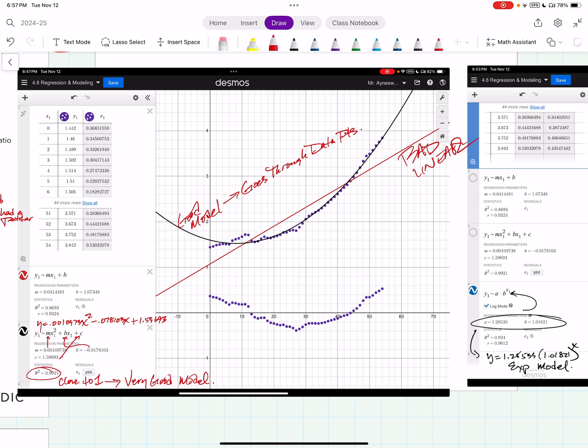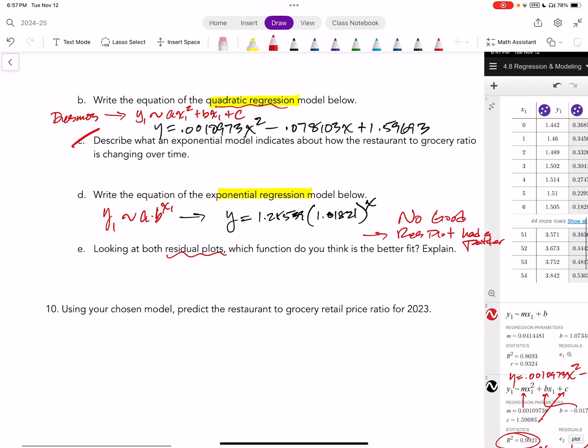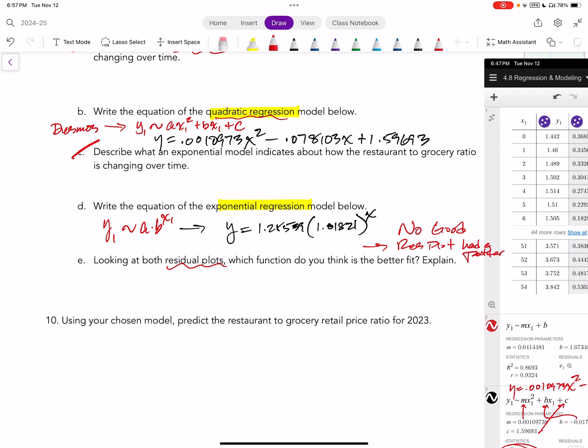And if I was looking at the residual plot, we would notice no pattern. It was good. So this model here is your best model, the quadratic model is the best.